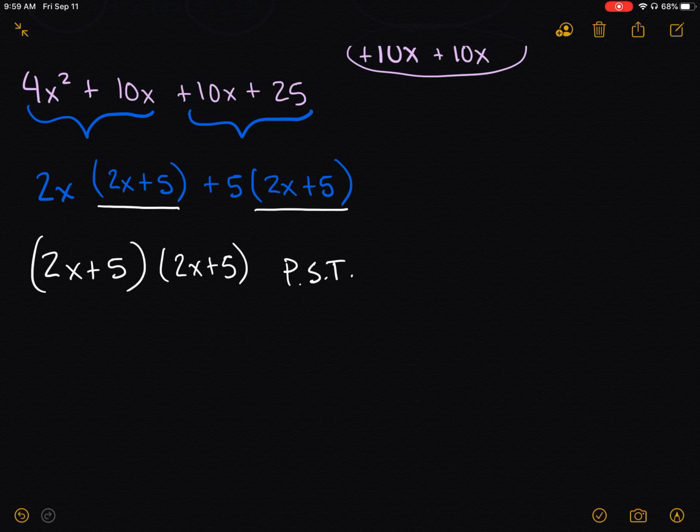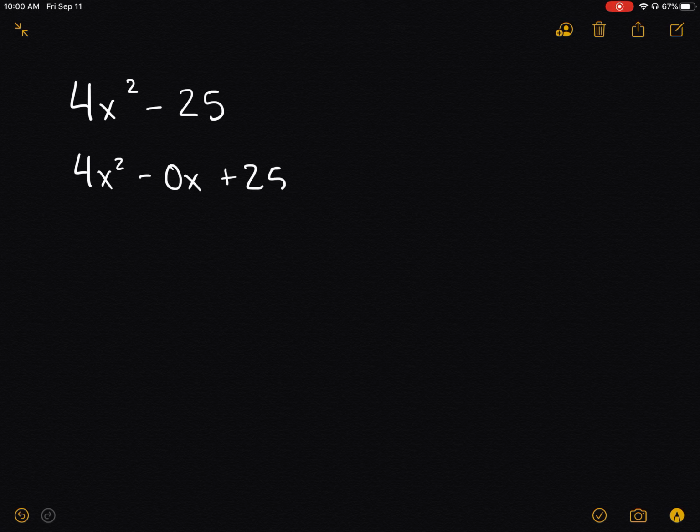The next example, and last example, is, what if you had a difference of perfect squares? Say we have 4x squared minus 25. The first thing I would do is rewrite this as 4x squared minus 0x plus 25.